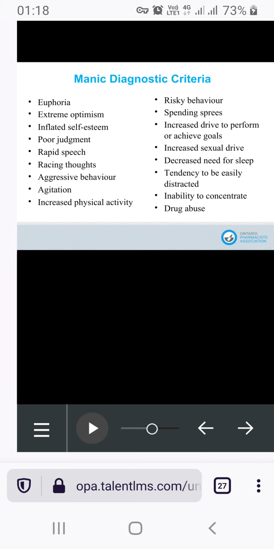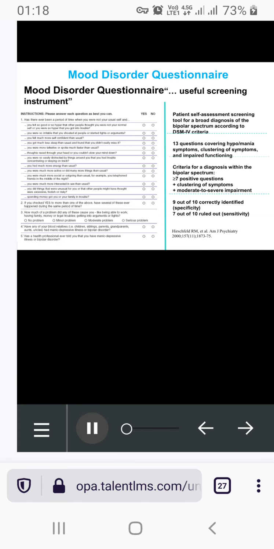These are the diagnostic criteria for mania. Mood Disorder Questionnaire.